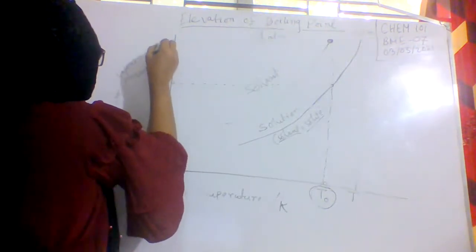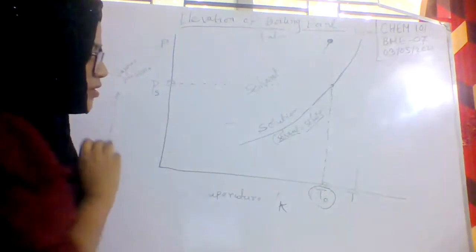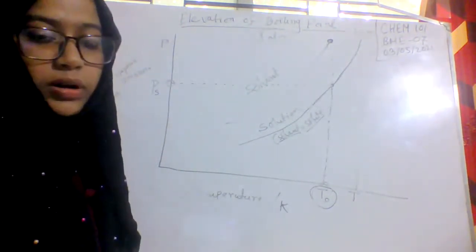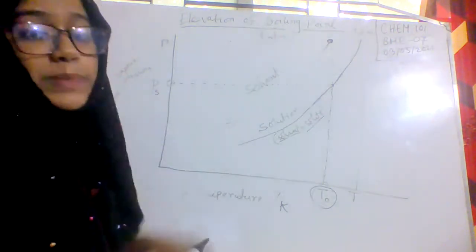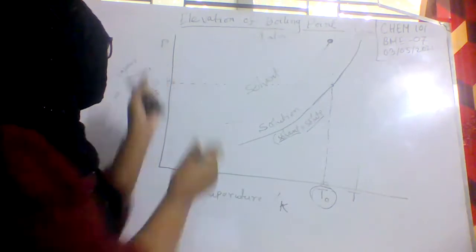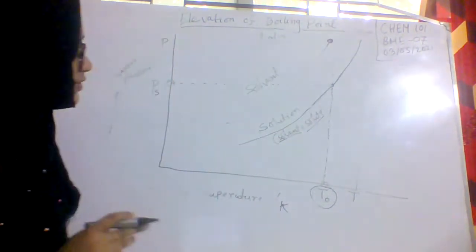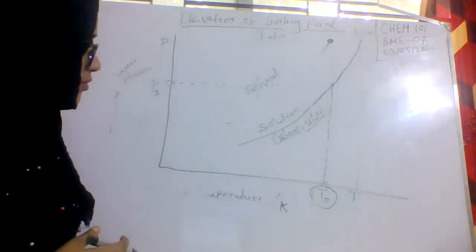So what will be the pressure here? PS, which we actually know from Raoult's law: the vapor pressure of the solution is PS, and for the pure solvent it is P. So what happened here?